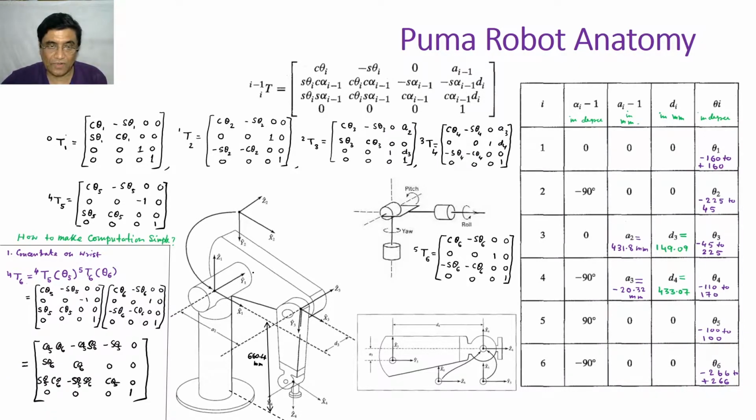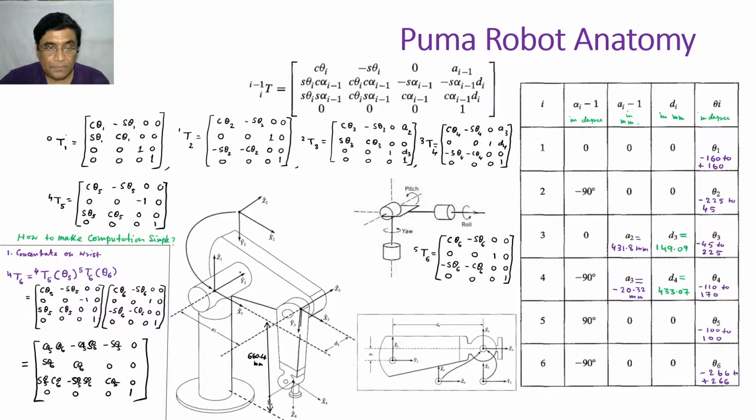So Puma can move about the vertical axis, just like you can in a standing position, anchoring your feet and twisting your body clockwise and anti-clockwise.